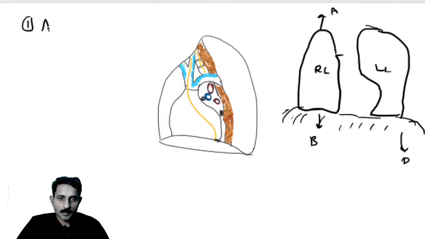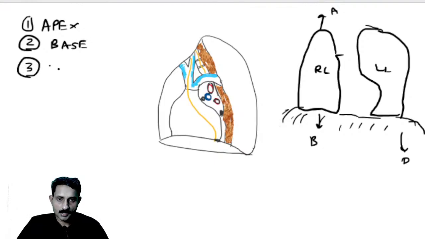First is apex. Almost it's like the heart, no? So, we got a base of lung. Then we got surfaces. So, what are the surfaces of the lung? Surfaces of the lung are costal surface. Okay.